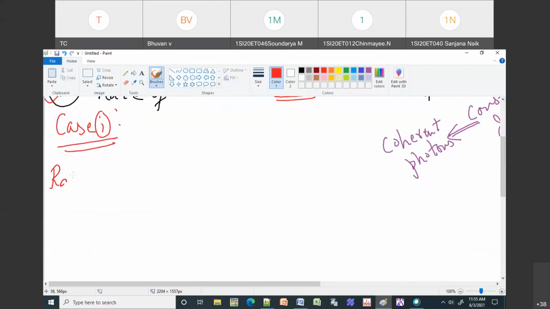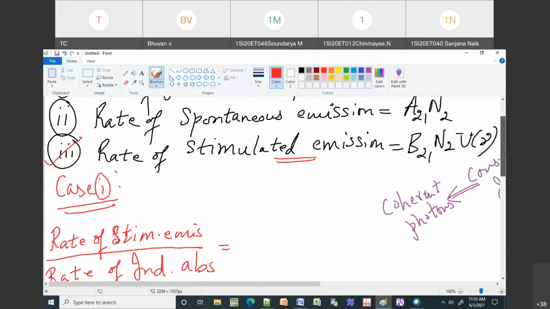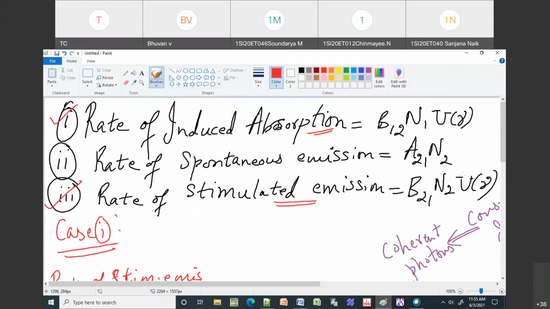Okay, so rate of stimulated emission divided by the rate of your induced absorption. So now we will see what will happen to this equation. Okay, so you have to just divide this with this one.